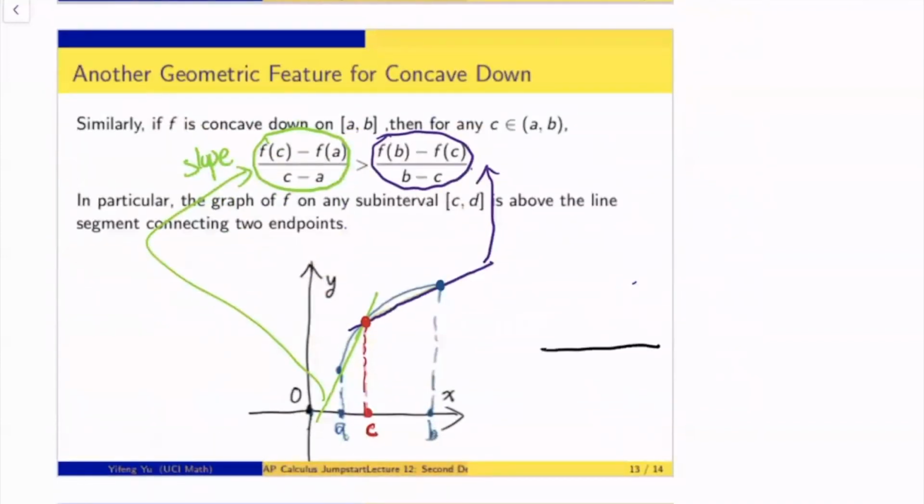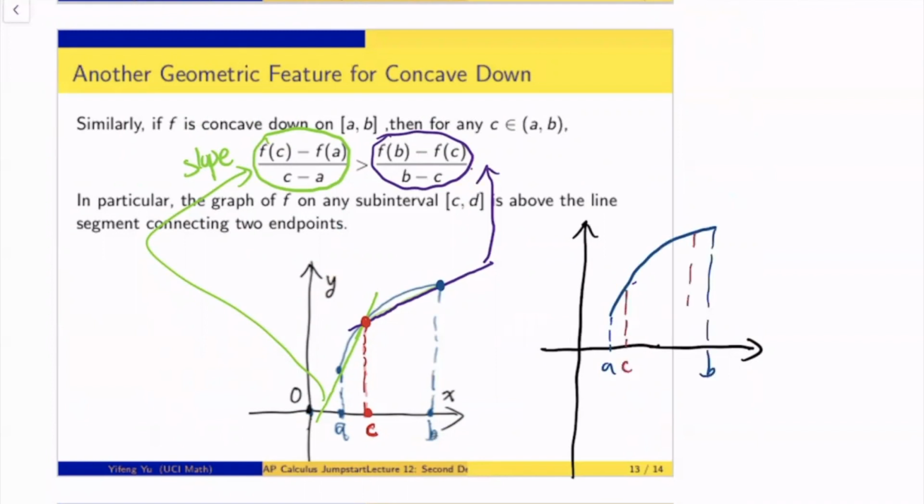Now, similarly, if I have a concave down function and I draw the graph, this is A and this is B. Let's say I have two intermediate points, C and D. In the case of concave down, if I draw the line segment connecting the two endpoints, the portion of the graph will be above it.